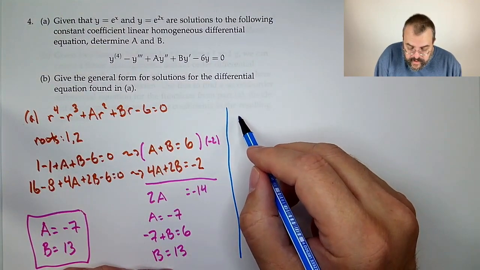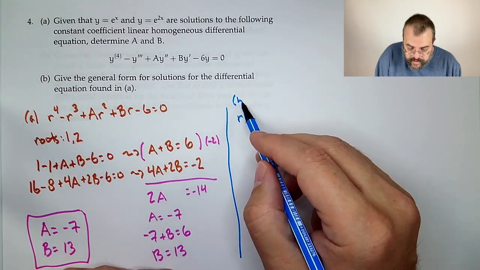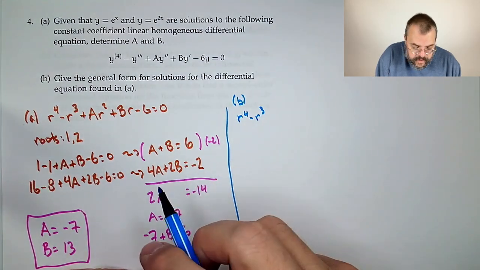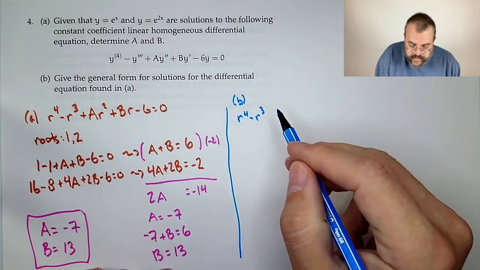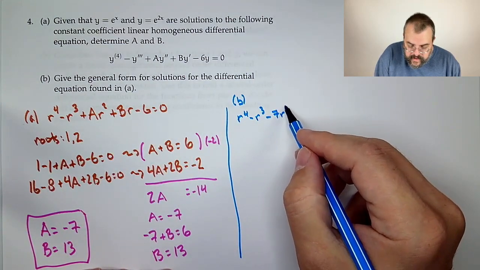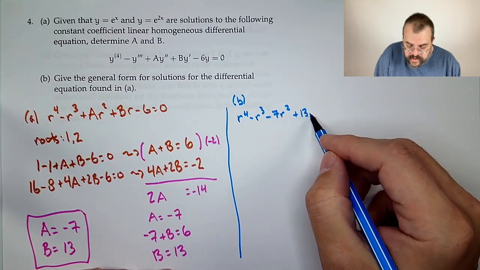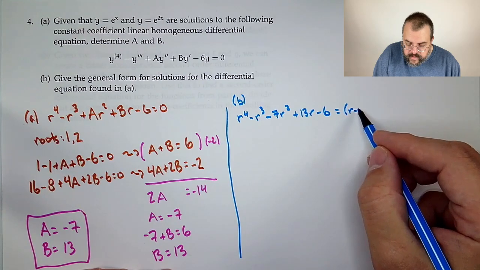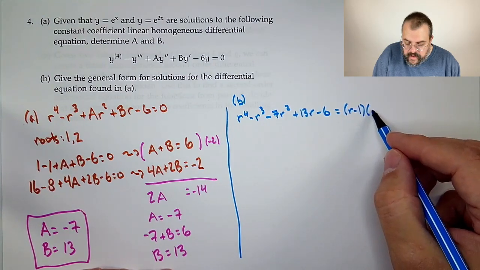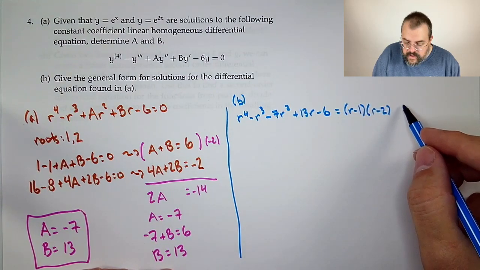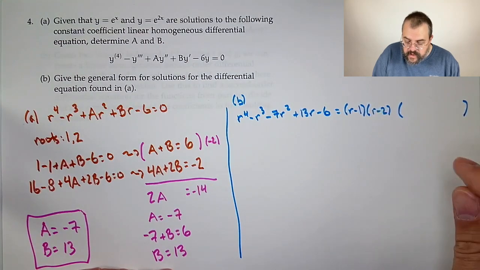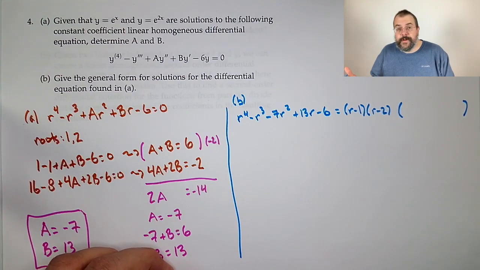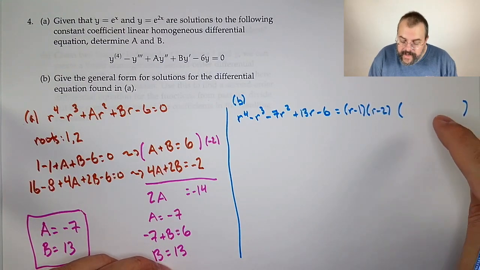So we can say, look, we're doing part B now, r to the 4th minus r cubed, and put in our values here, minus 7r squared plus 13r minus 6. Well, that equals, we know there's a root 1, so r minus 1, and then there's a root 2, r minus 2, and then something. If we know that something, find those roots, and then we're good to go. So how do we find it?